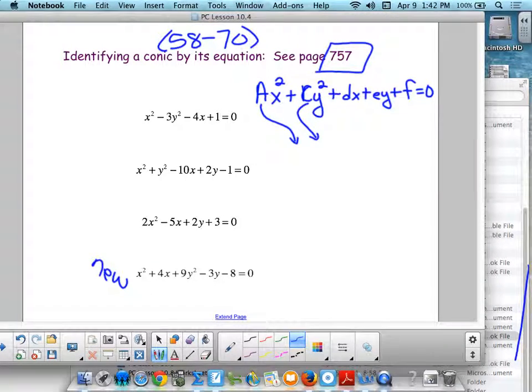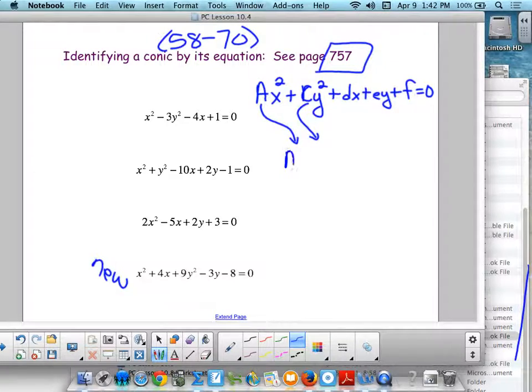And by the way, where's a going to be located? In front of x squared. Where's c going to be located? The rest of this junk back here, you don't even care. You care about a and c.